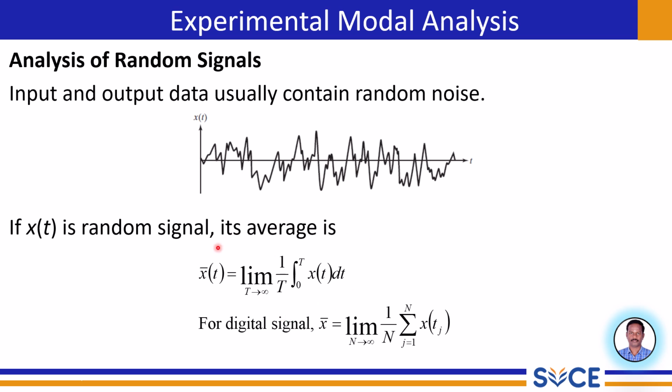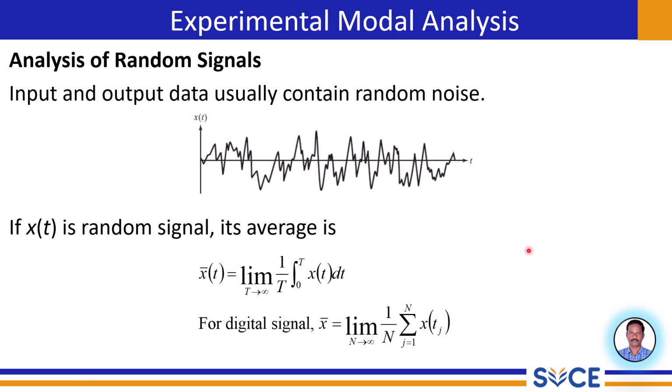This equation tells us that the average value is obtained by integrating the signal over a very long period, that is T approaching infinity, and then dividing by that time period. Essentially, it is the long term mean of the signal.